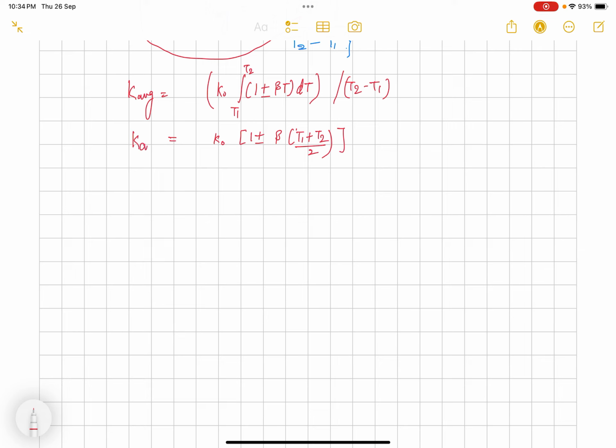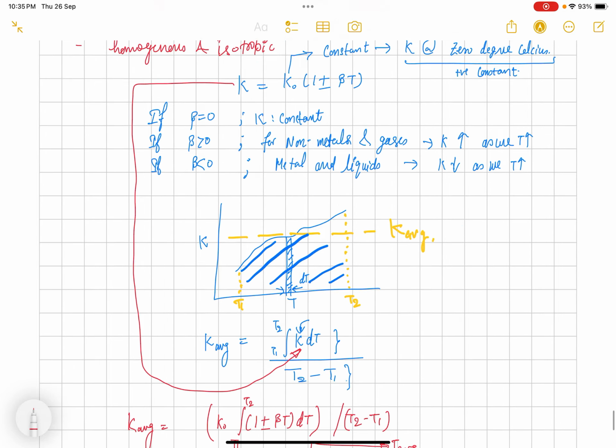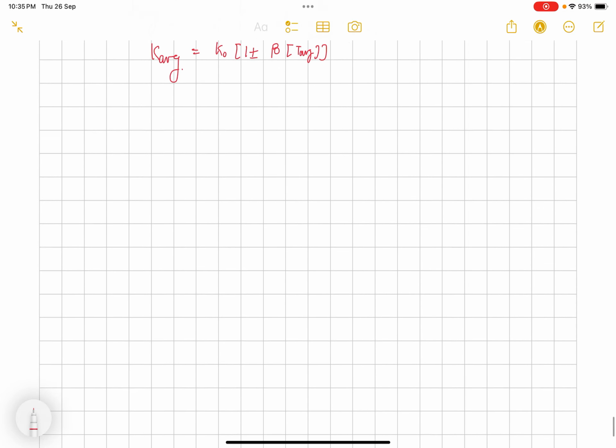So if we write (T1 plus T2) by 2 as T average, then if the thermal conductivity variation is linear with respect to temperature, the average value will be K naught times (1 plus minus beta times T average). So after knowing this average value of thermal conductivity, we have to find the temperature variation inside the body.